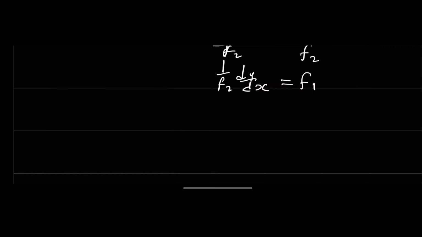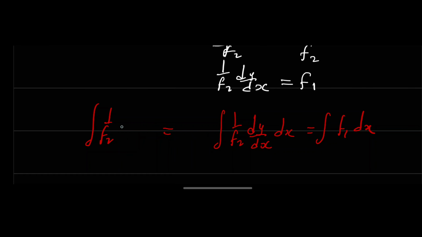What we actually did in reality is this: we integrated both sides with respect to x. So the integral of 1 over f2 dy dx with respect to x equals the integral of f1 dx. So we integrated both sides with respect to x, and I'm going to rewrite this one here. We have 1 over f2 dy, and we have dx.